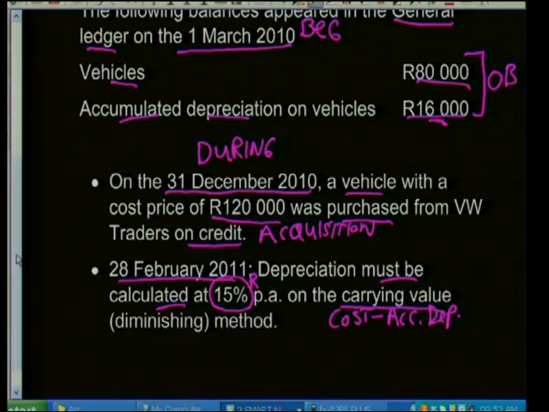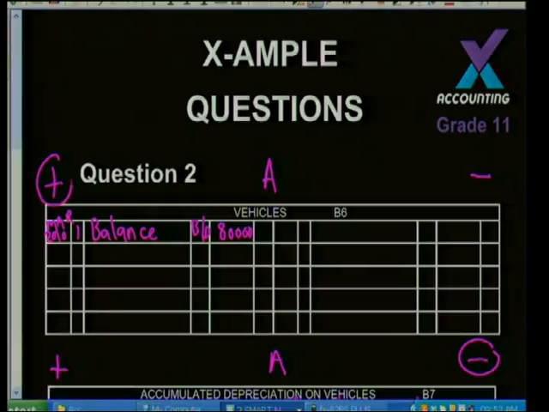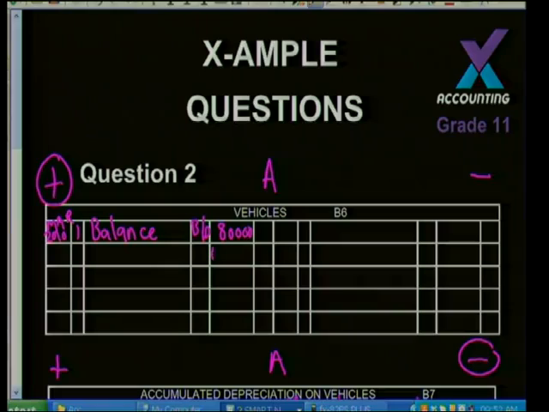Okay, so immediately back to my ledger account, and we're looking at the acquisition of a new vehicle. We've purchased a new vehicle, so my vehicle balance is now going to increase. I'm going to have more vehicles in my business, so my assets are going to increase. So on the debit side, my assets will increase by the cost price of this new vehicle, which is 120,000.